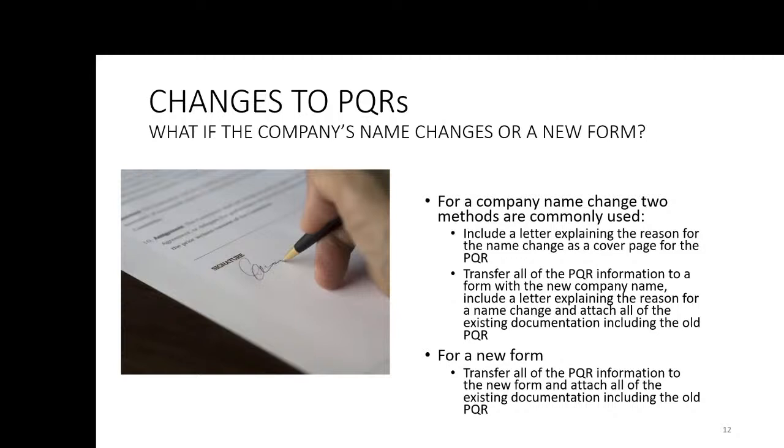For a new form, transfer all the PQR information to the new form and attach all the existing documentation, including the old PQR. So that's what you do if you're going to change a PQR.